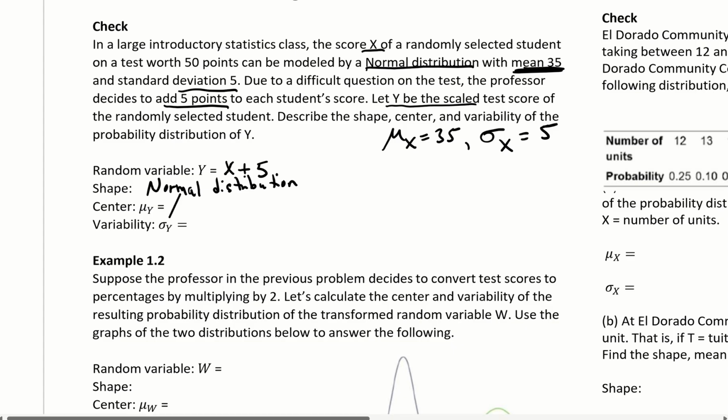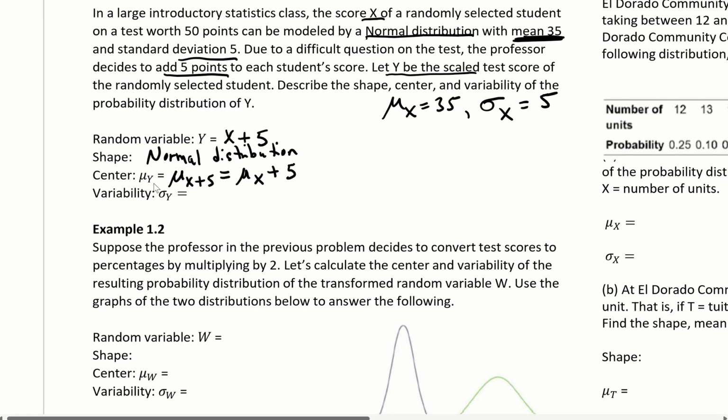So in other words, mu of Y is equal to mu of X plus 5, which is equal to mu X plus 5. Notice how I put that. I substituted Y for X plus 5 so that you can see that this is going to change by doing mu of X plus that 5, okay?